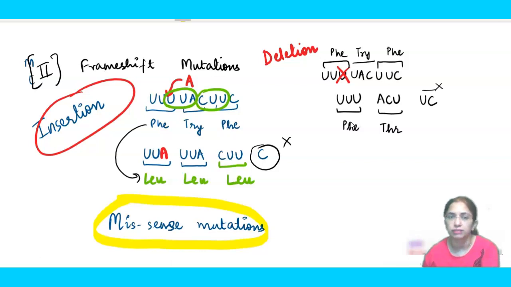Remember, while explaining frameshift mutations, you will give that in frameshift mutations, insertion or deletion of a particular base will happen. So again, it is an example of point mutations. I hope this is very much clear to you. This is important, so do practice it many times until you are assured about it.